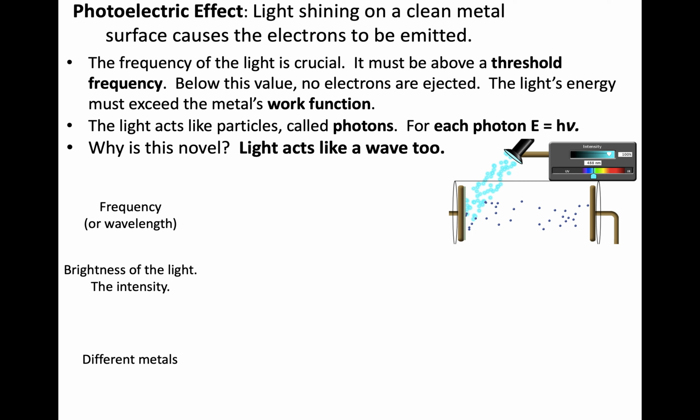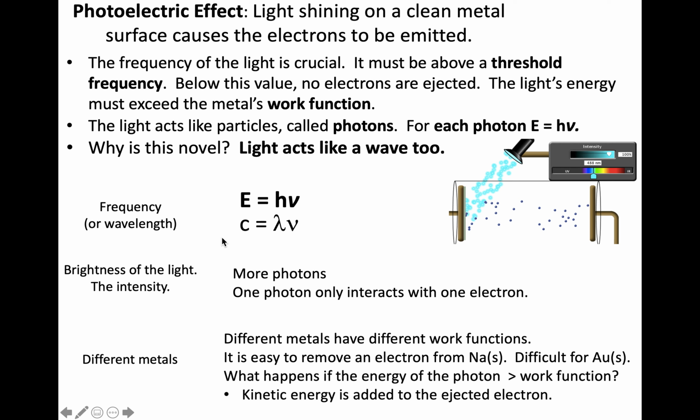Now, how do I want you to understand this? I want you to understand the different aspects of the experiment and what they mean in terms of the response within the experiment. When I think about the description of the light, the frequency of the light was crucially important. Its energy was described as E equals h nu. That was for a particle of light.